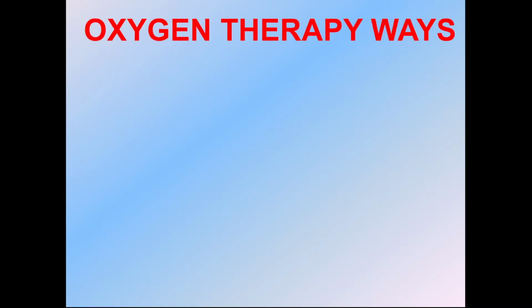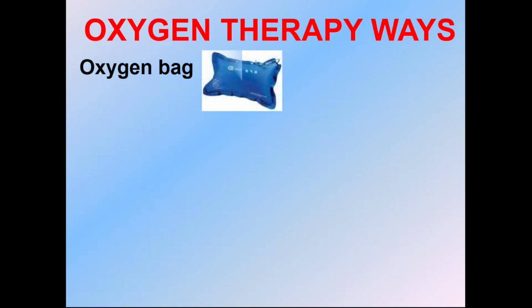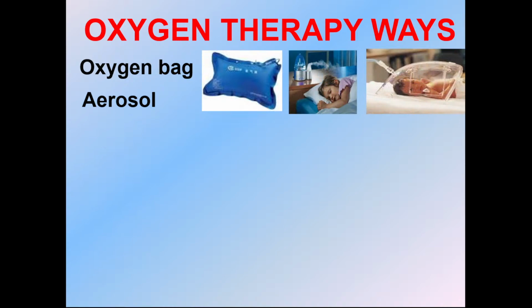Oxygen can enter our organism through a special tube and mask from the oxygen bag. It may go as an aerosol placed near sleeping children, or through the special oxygen tent.